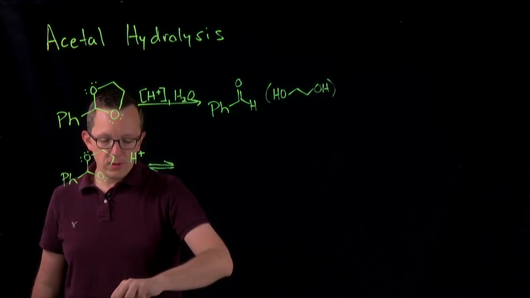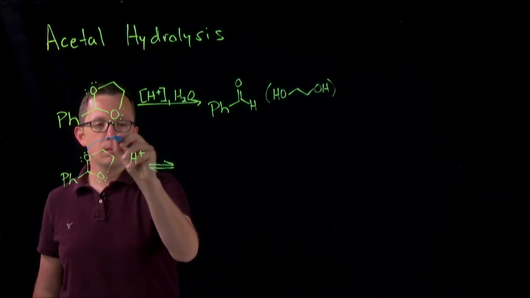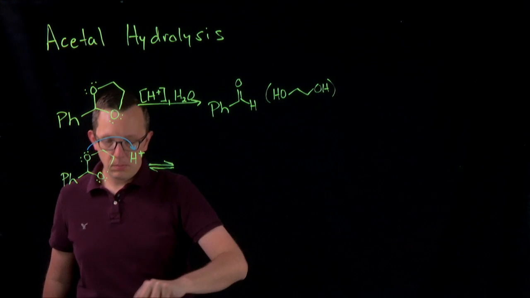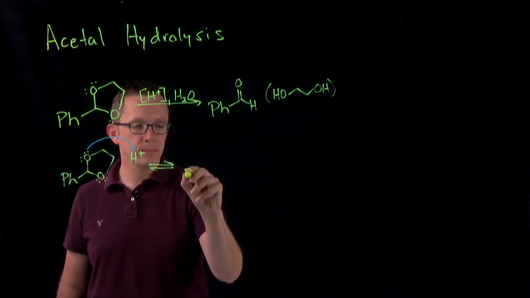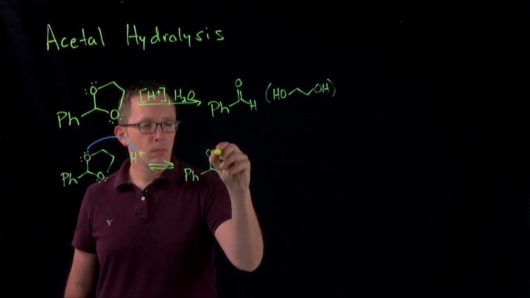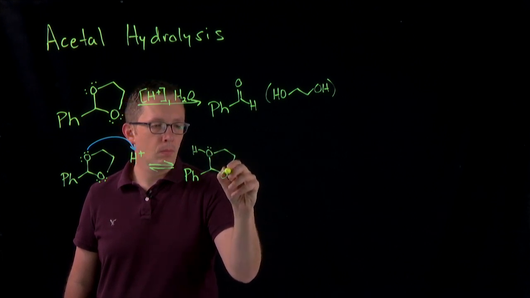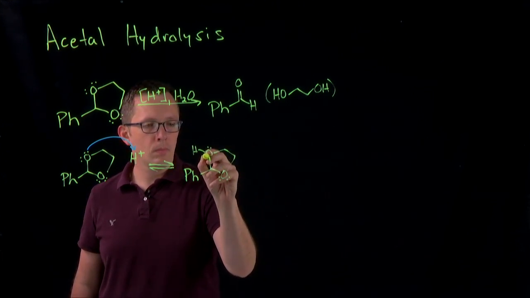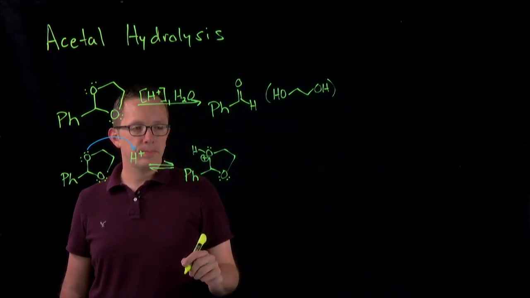So in the first step, we are going to protonate one of the oxygens in our acetal by taking a lone pair on oxygen, having it grab the hydrogen, which leads us to a protonated intermediate.